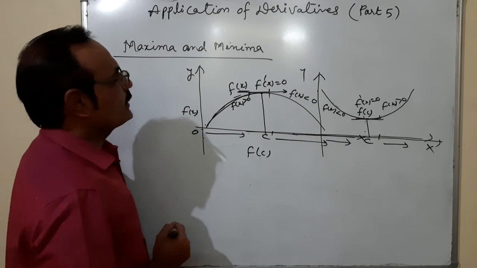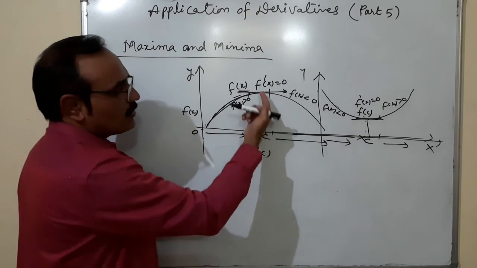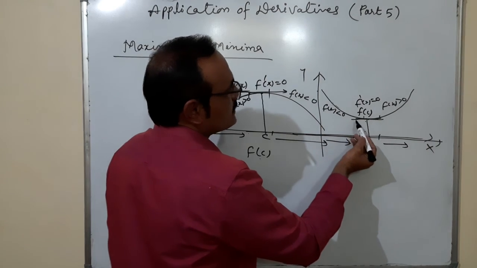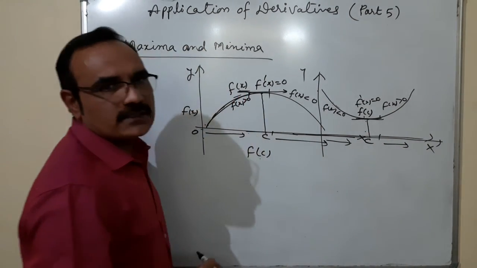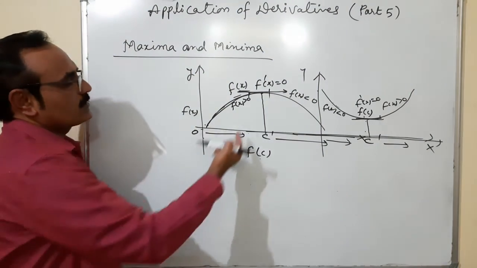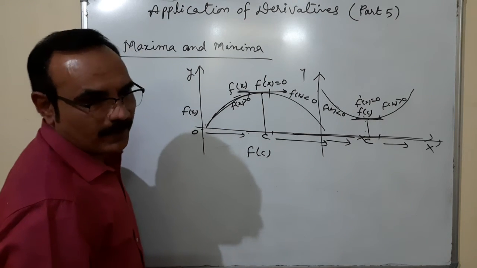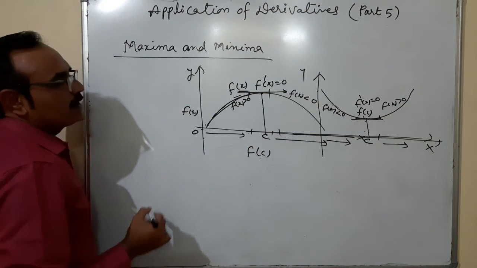When f of x is increasing and then decreasing, the object attains maximum height. But if f of x is decreasing and then increasing, it attains a minimum height. So this is the maximum height at C, and this is the minimum height at C. How to define this? Actually, there are two conditions.